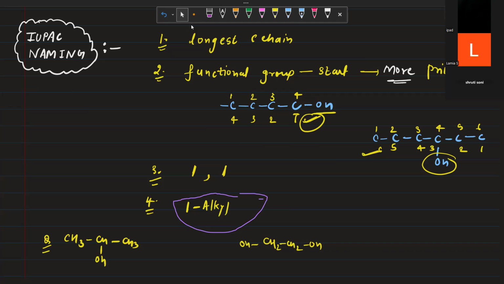That is not any group. This is, let's suppose, I have one alkyl propanol. This is the IUPAC name of a compound. So I'm writing here that whenever any digit and any name come together, we need to represent a dash in between them. And whenever two digits come, we represent a comma.